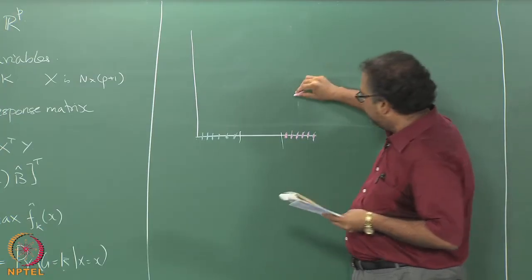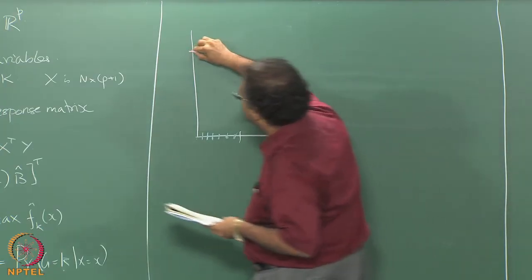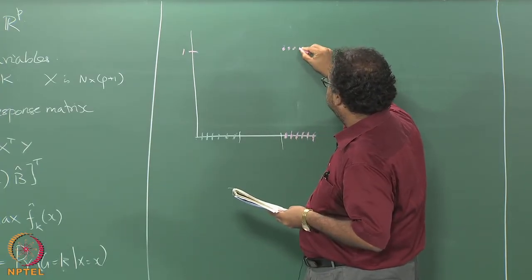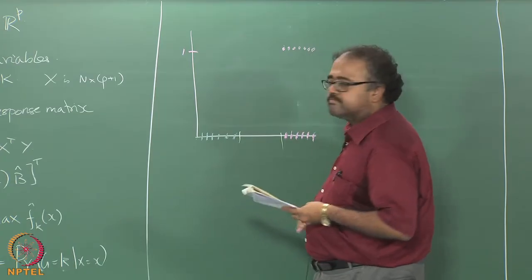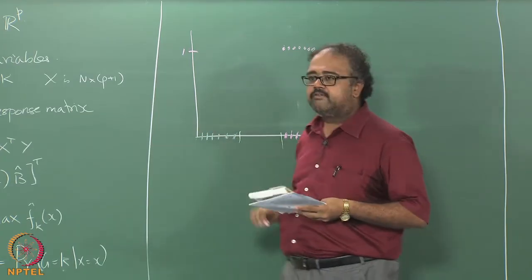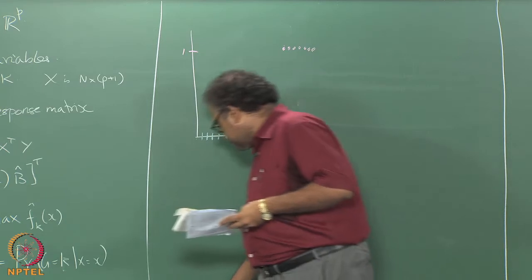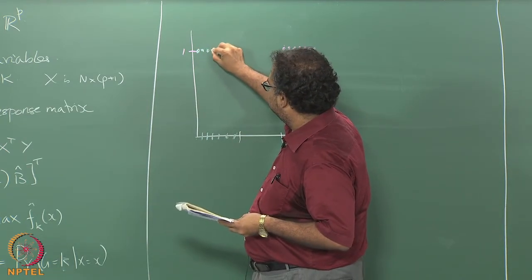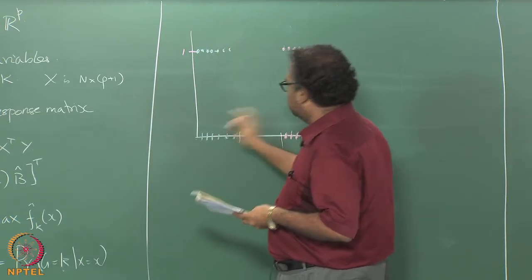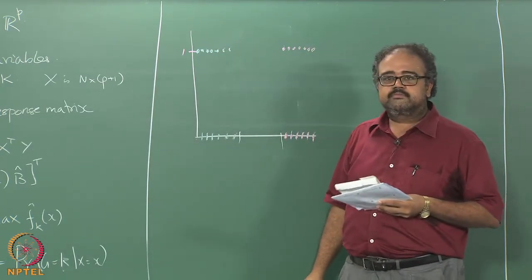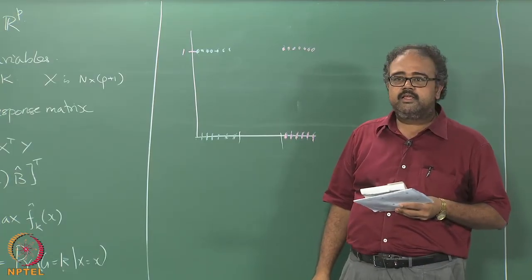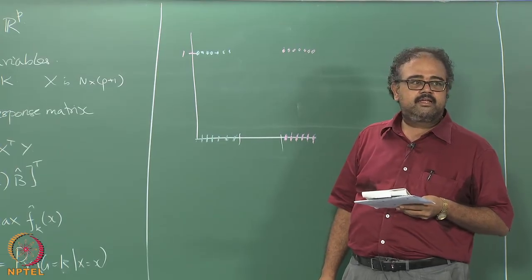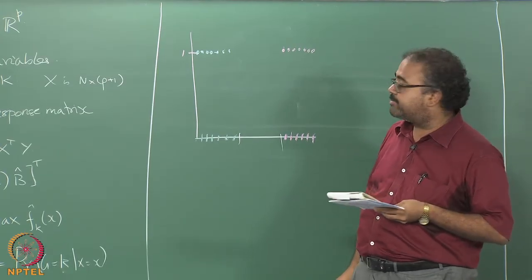So, the training data will look like this, and 0 elsewhere for pink. The training data for blue will look like this, and 0 elsewhere. So, now if I try to fit a straight line to this, what do you think will happen?